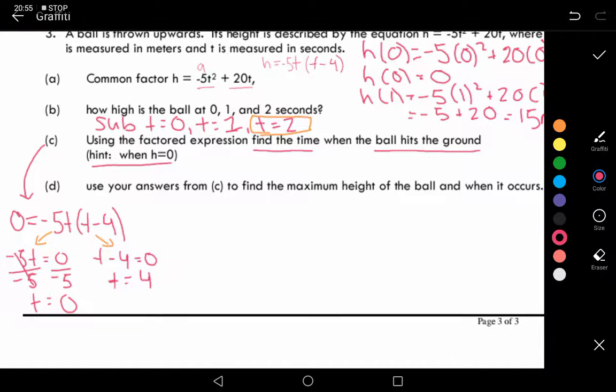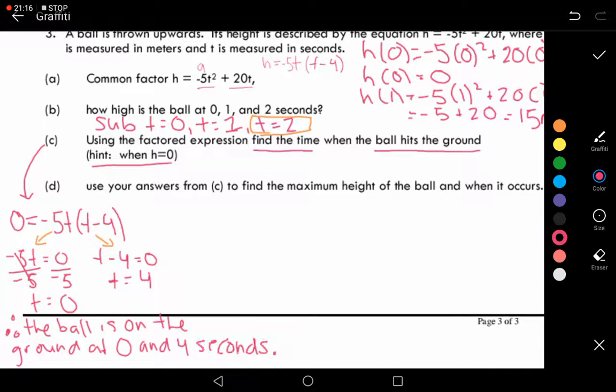If I don't want to assume, if I want to just play it safe, I'll say therefore the ball is on the ground at 0 and 4 seconds. Okay, so I set my equation equal to 0, which means I'm setting my two factors equal to 0.